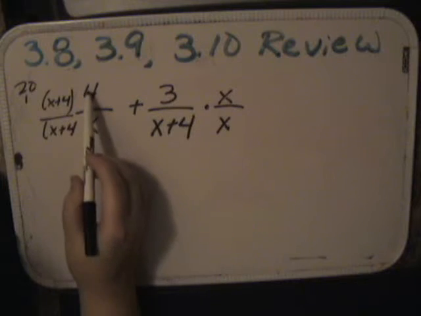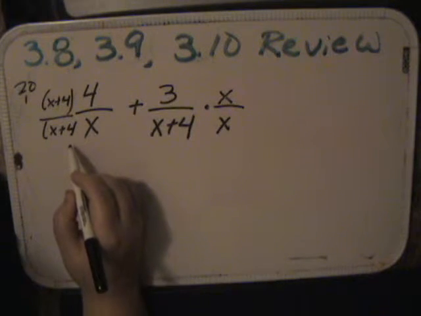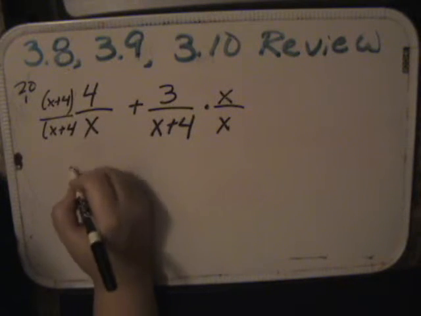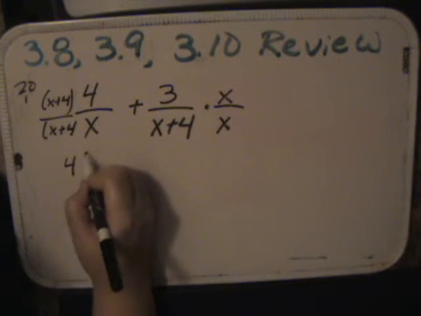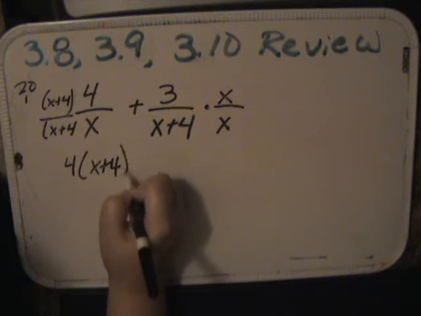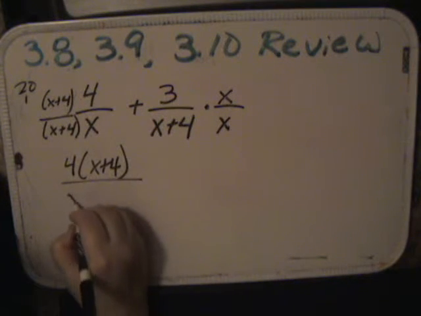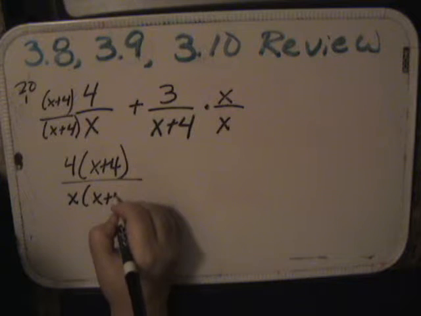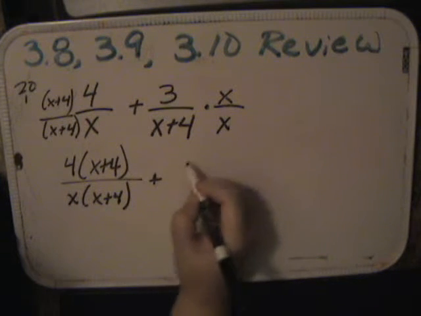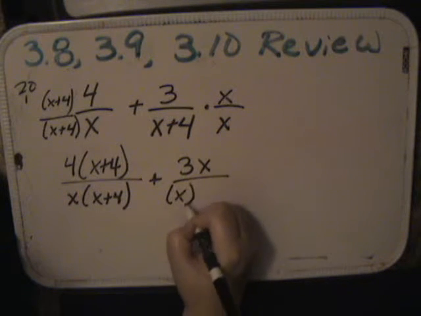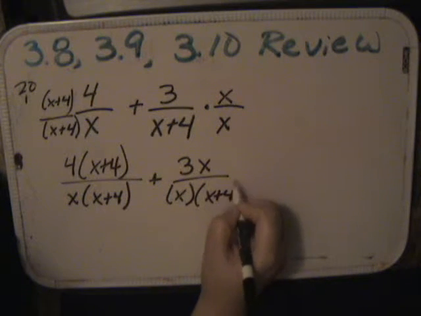So let's multiply that through in order to simplify it. Let's see, we have 4 times x plus 4 over x times x plus 4 plus 3x over x times x plus 4.